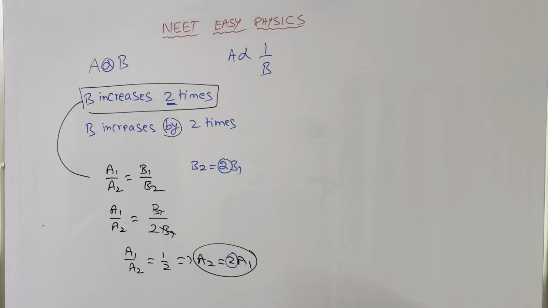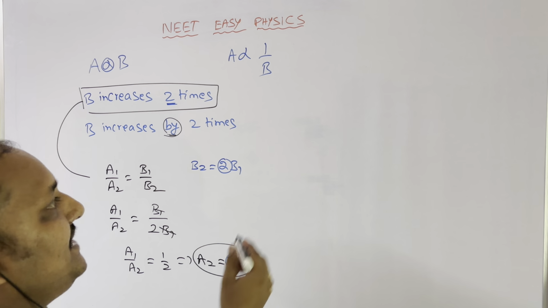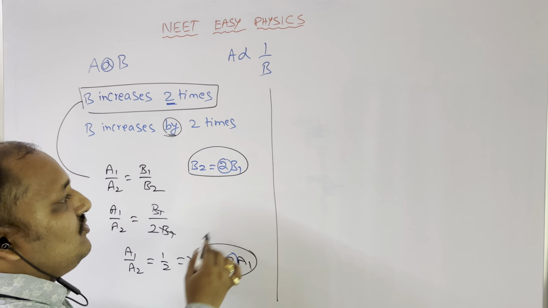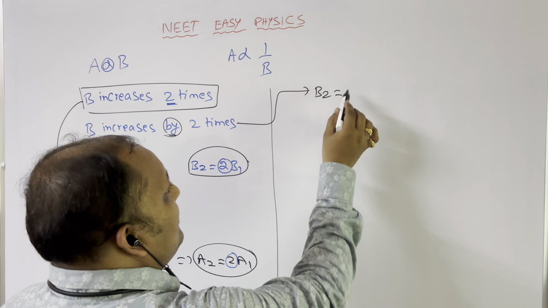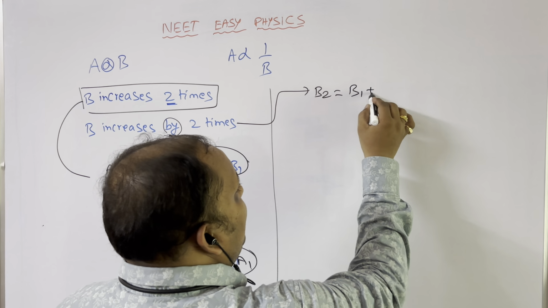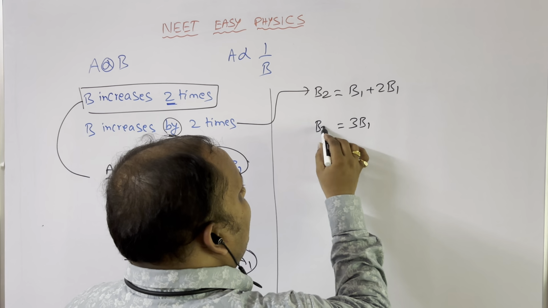Many students will make a mistake here. Increases by 2 times means, in the previous case we took B2 as 2B1, but now B2 is the initial B1 plus 2B1. So finally it is going to be 3B.